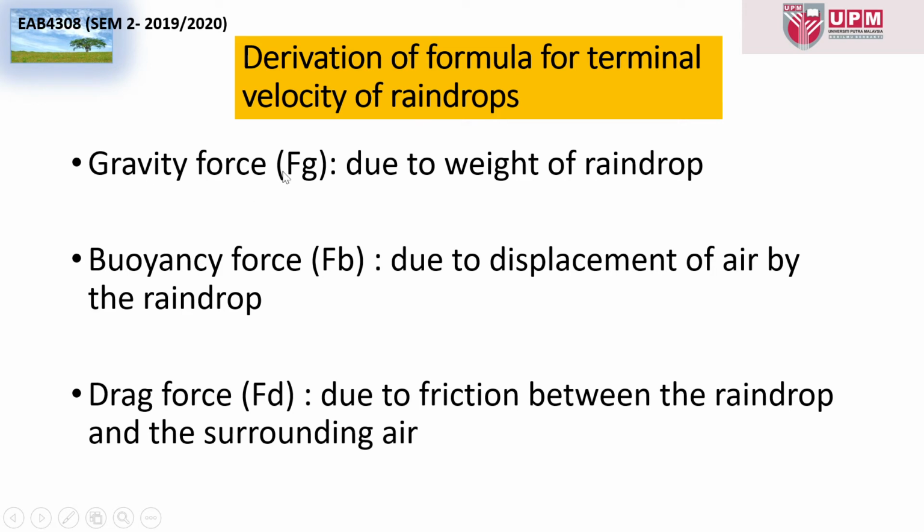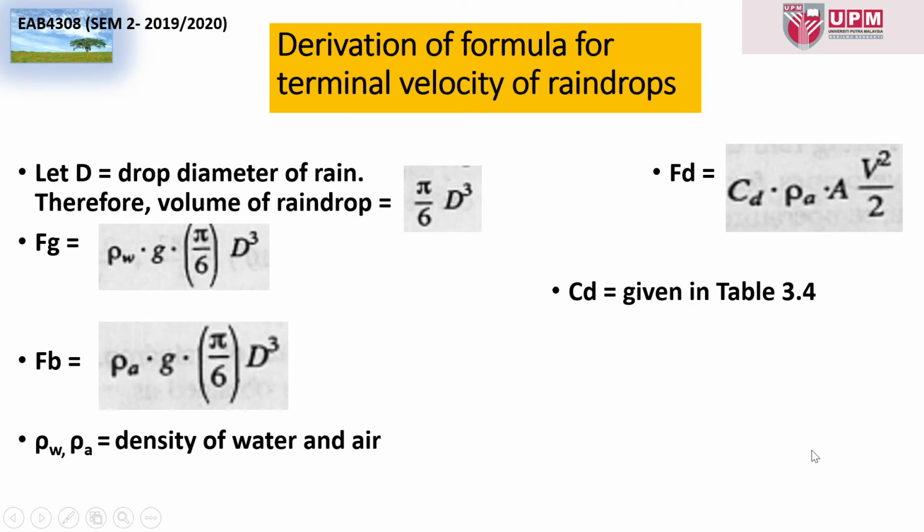We have gravity force due to weight of the raindrop, buoyancy force due to displacement of air by the raindrop, and drag force due to friction between the raindrop and the surrounding air. This is what I already explained to you from the previous slide.